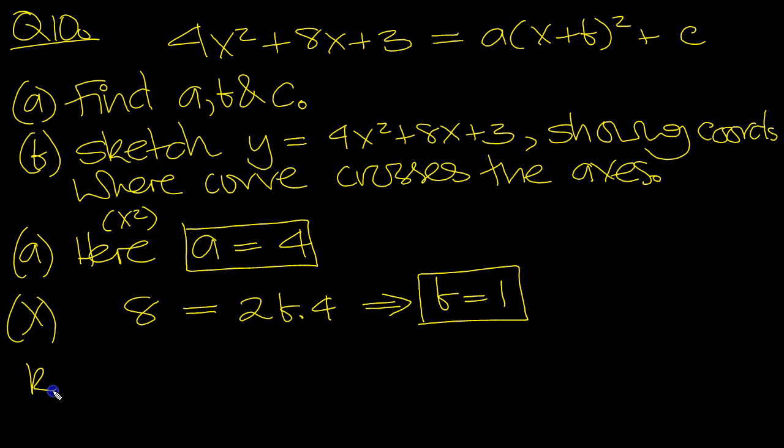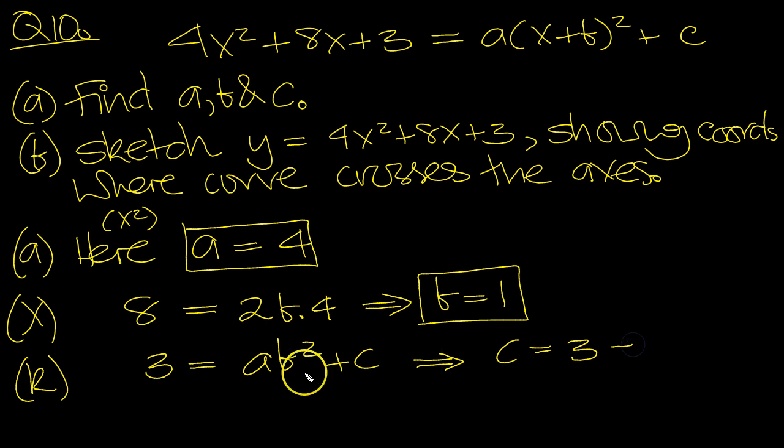And now if we do the constants both sides, on this side we'll get 3. And on this side we'll have a times b squared as a constant coming out, plus the c. So c is equal to 3 minus, move this ab squared over to here, minus a, which is 4, times 1 squared.